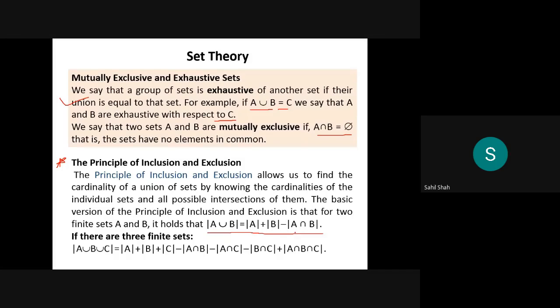So there is a need to subtract the common elements which are present in both. I will take this with the help of an example so that things will get clear, why this minus A intersection B happens and how it happens.